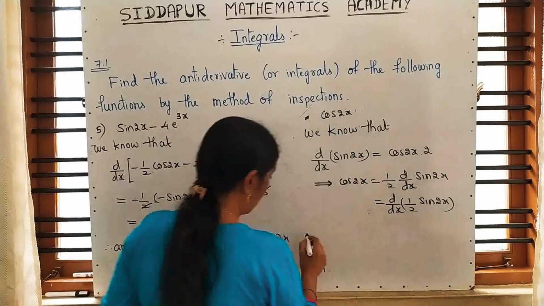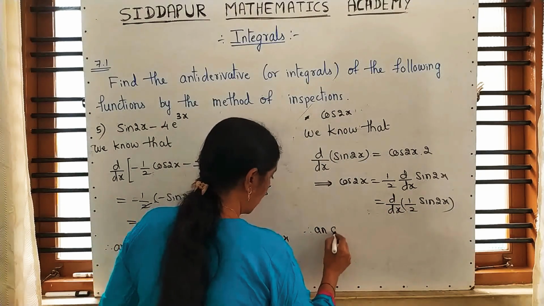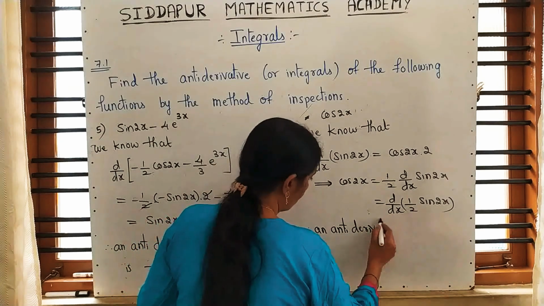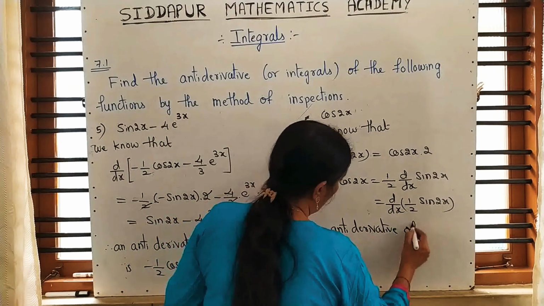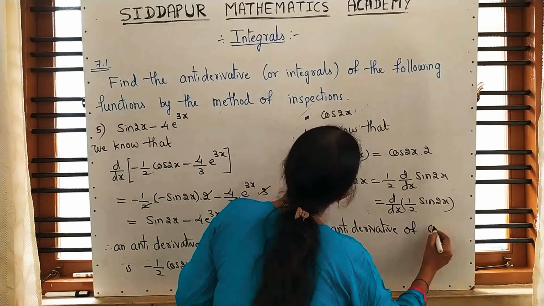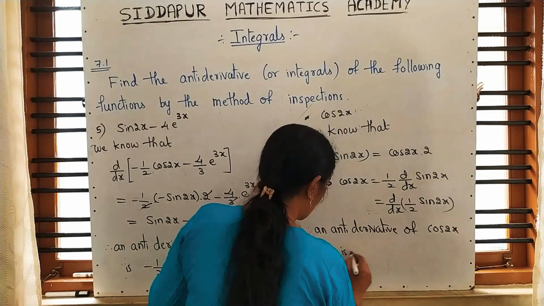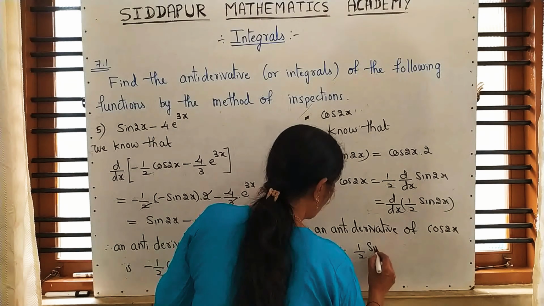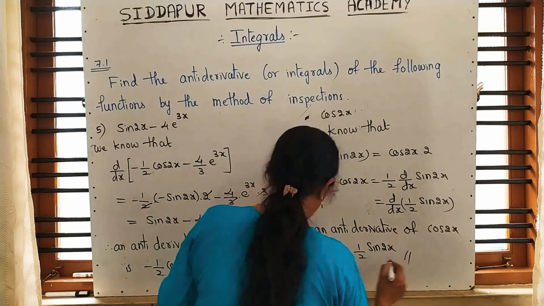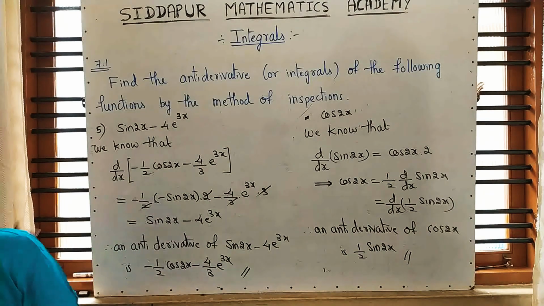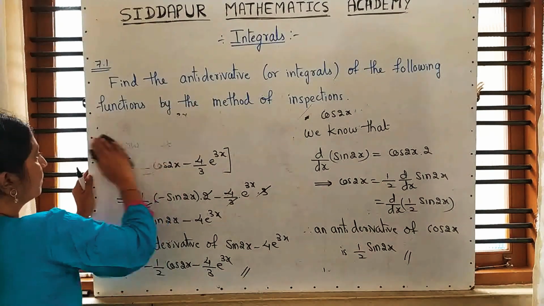Therefore, I have done the final result. Therefore, an antiderivative of cos 2x is 1/2 sin 2x. Moving to the next question, that is also a worked example.